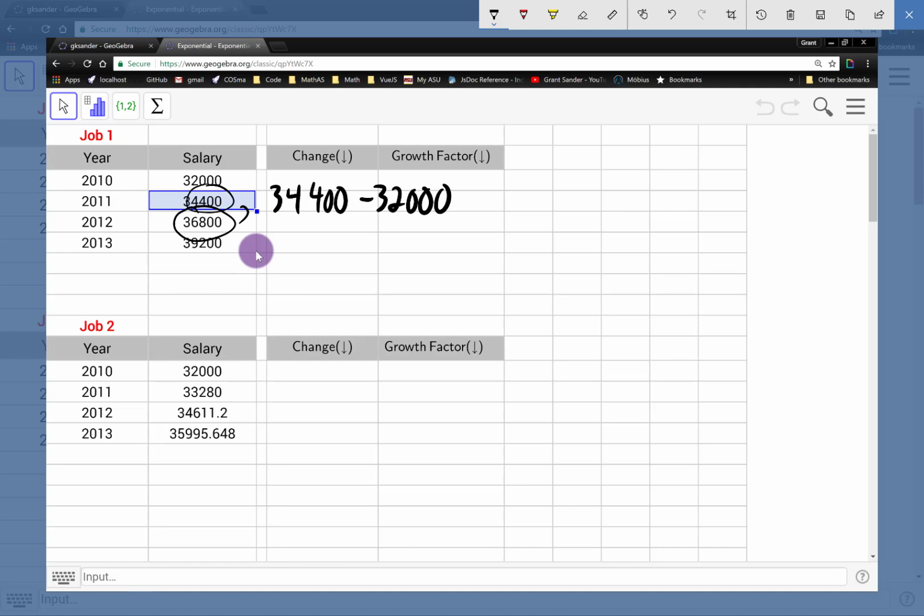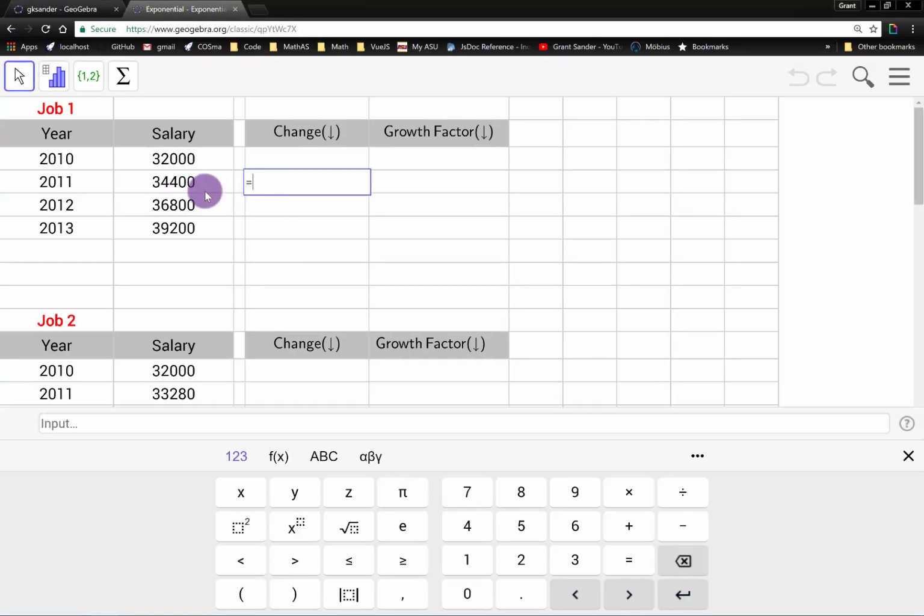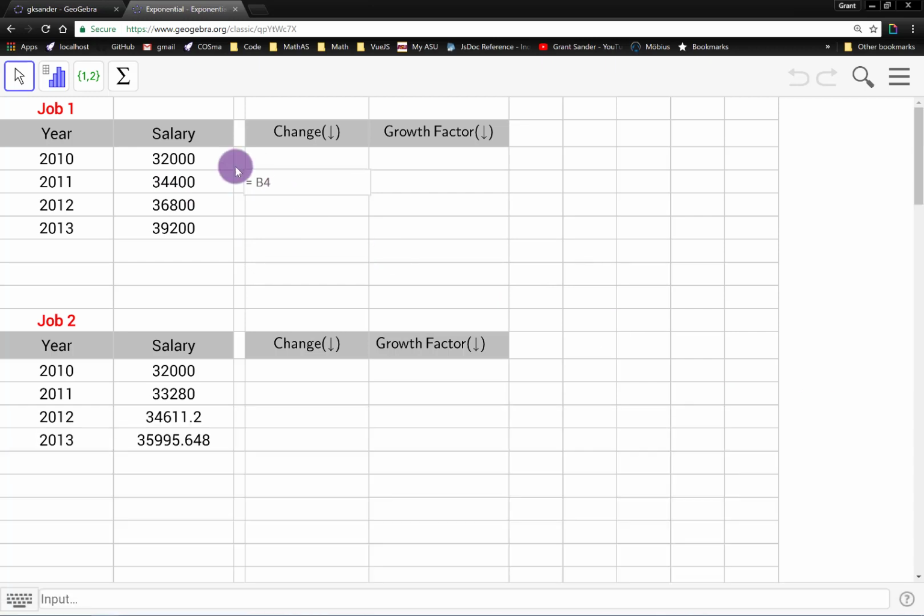So let's let the computer do some of this work for us. So we'll do this salary here minus this salary up here, which is a change of $2,400. And then we notice, after the computer does some computations for us, each year from 2010 to 2013, each year that passes, the salary changes by $2,400.